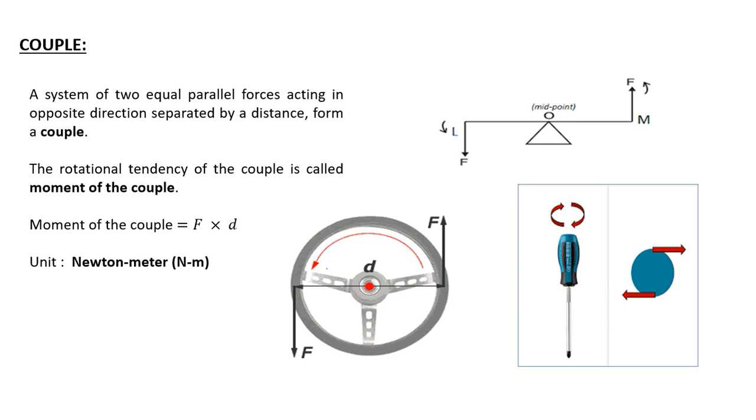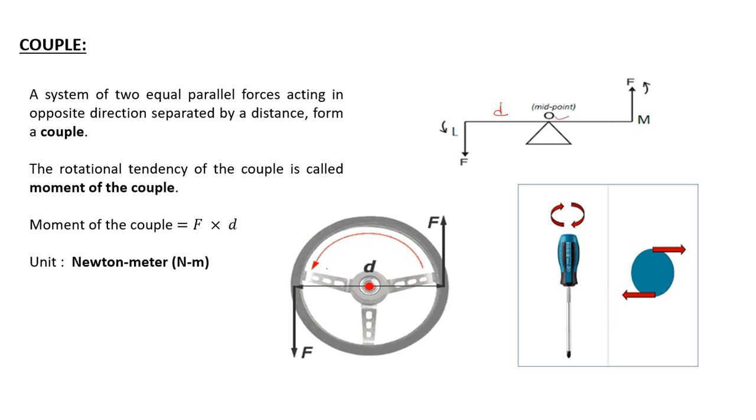So let us say these are two forces F which are parallel to each other but act in opposite directions, separated by a distance d. These forces, equal in magnitude but opposite in direction, will try to rotate the body about this point O.